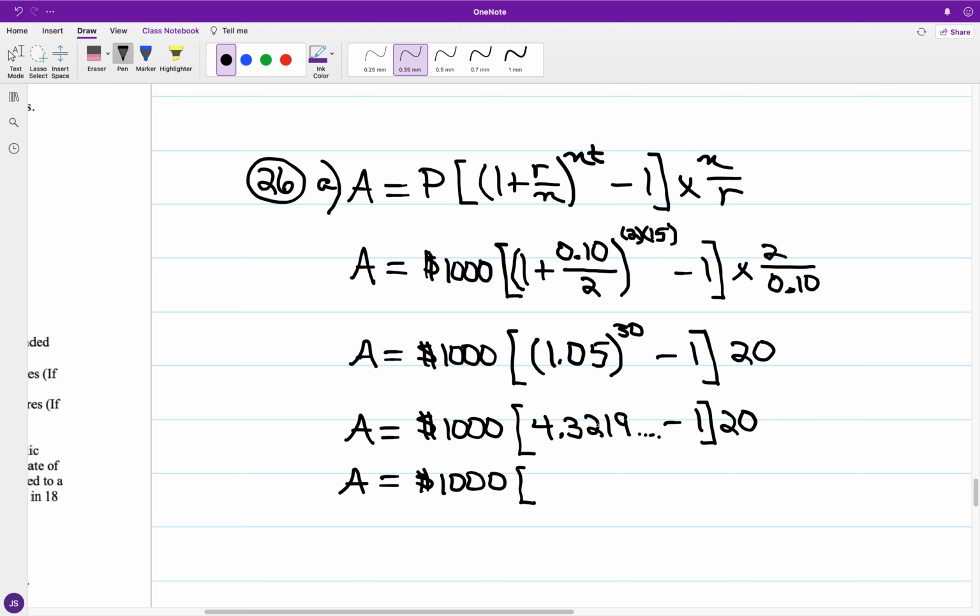Following through, this number minus 1 gives a difference of 3.32194 23. You then multiply this decimal result times $1,000 times 20, and for the future value at the minimum, Ray is looking at around $66,438.85.